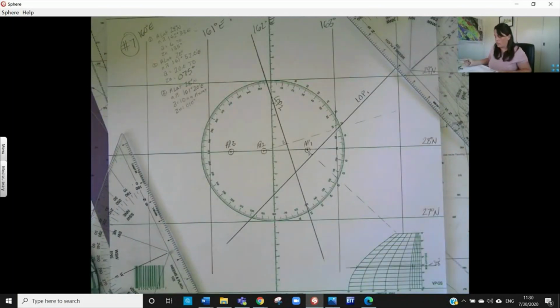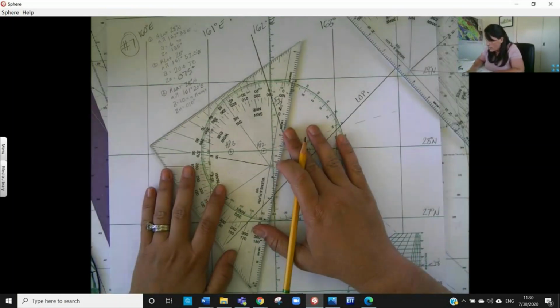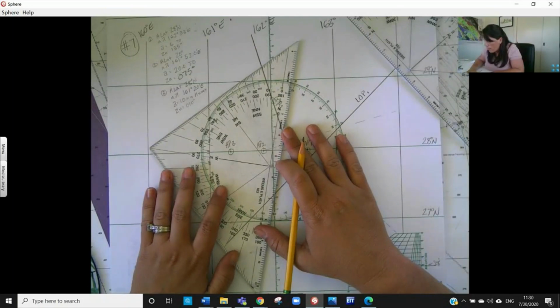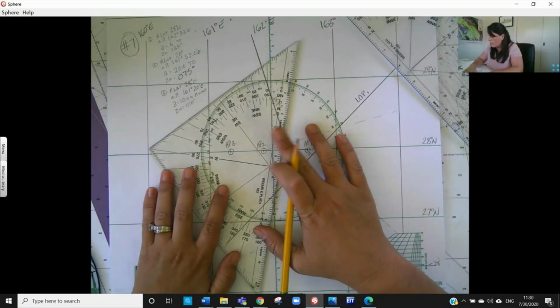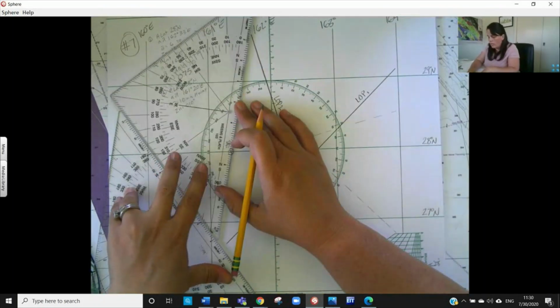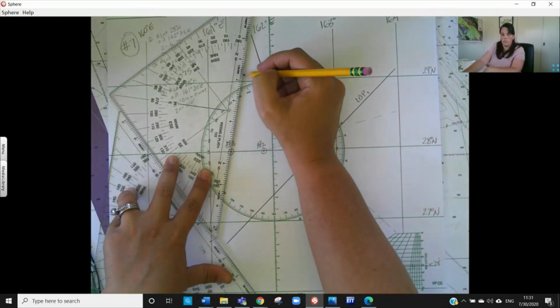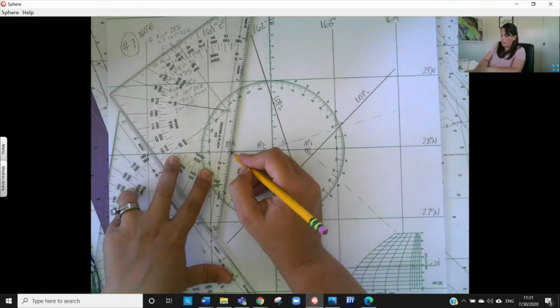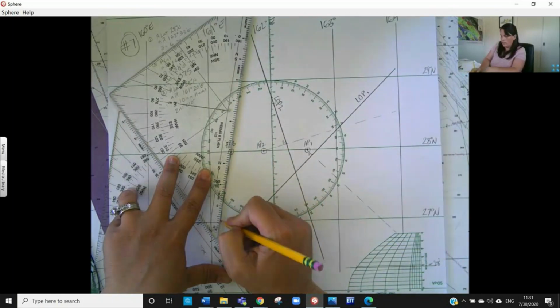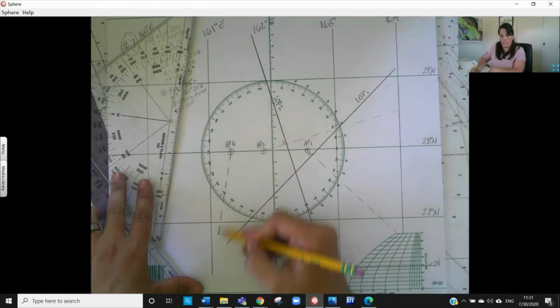And now we are going to draw in our azimuth line. Our azimuth is 010. And in this case, we are going to be going away from 010. So this is towards 010. We're going to be going away from 010. So our azimuth line is this way.